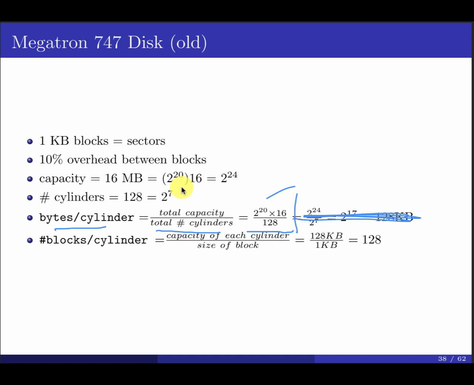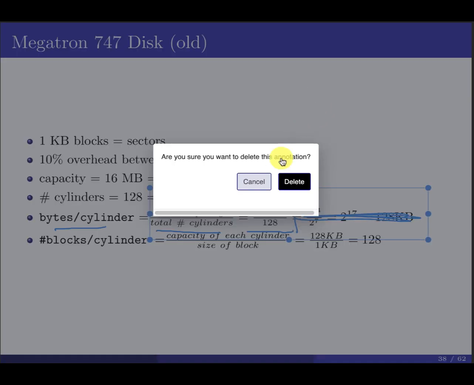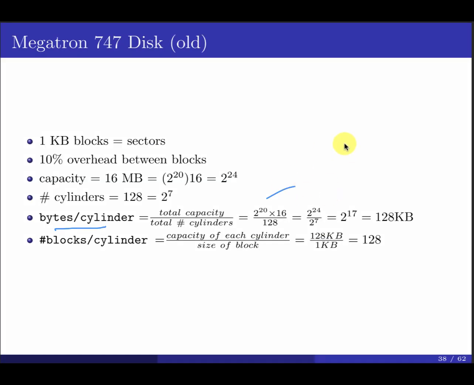Anyway, now I need to remove this one because I need to write something. So here we have the number of cylinders, 128. Okay, the capacity of the cylinder can be computed as follows, right?